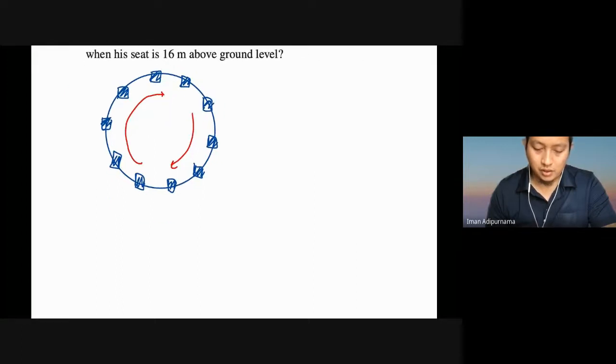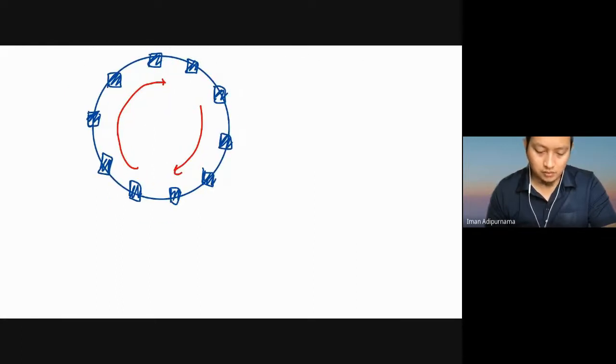Usually you take a ticket and get in line. You get in one by one, or in one box here maybe 4 to 5 people. You get in and you are going up.